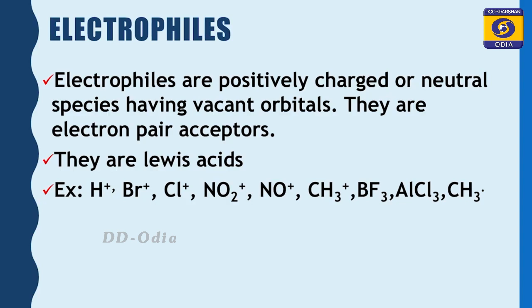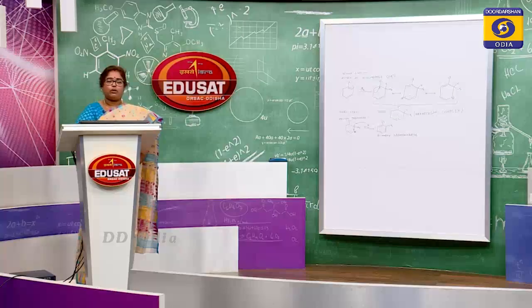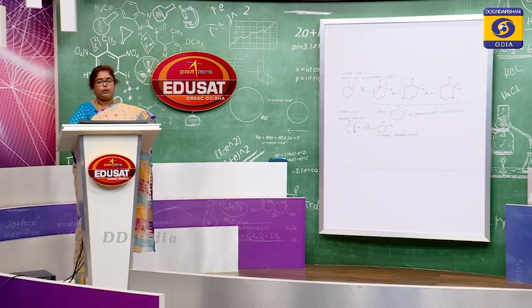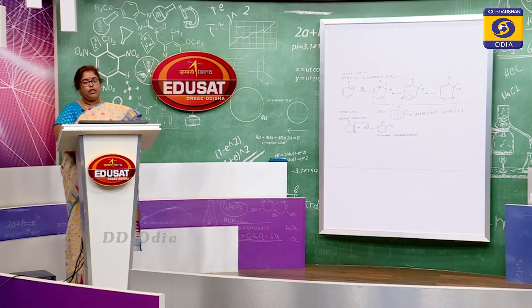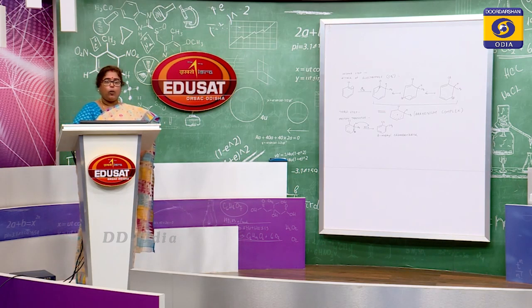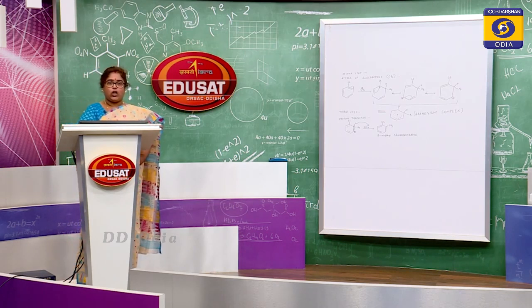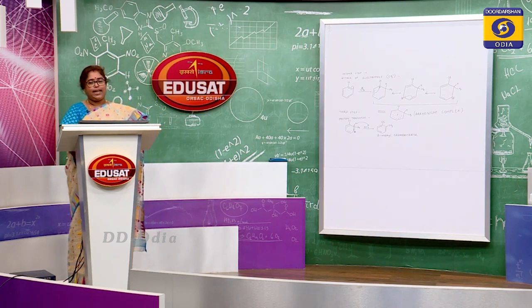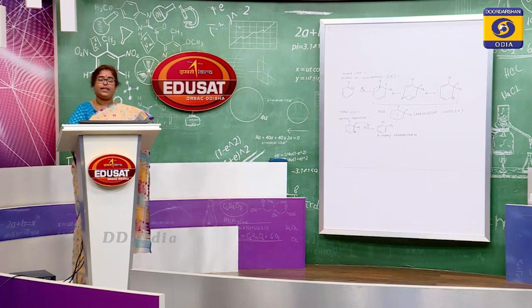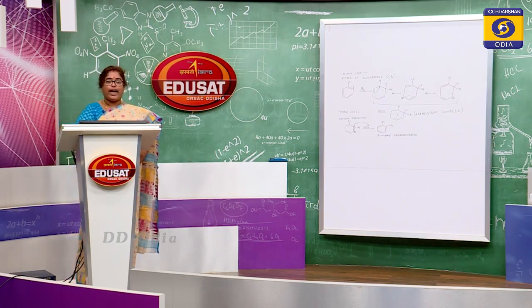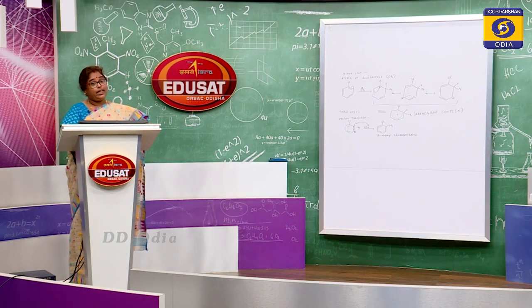Cl has the 2,8,7 configuration, but when it becomes Cl plus, it has 6 electrons. So, students, what is my motto to explain to you? My motto is that those species which have 6 electrons in their valence shell want to complete their octet. So, they are electron loving in nature.